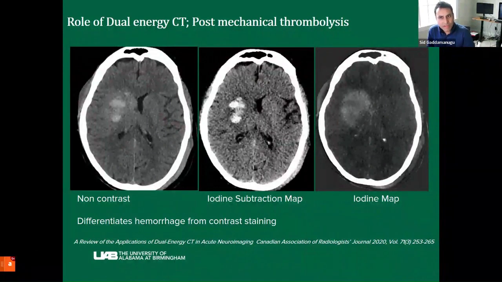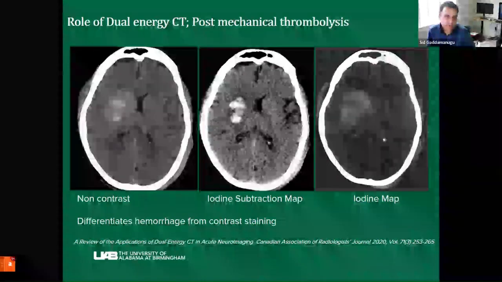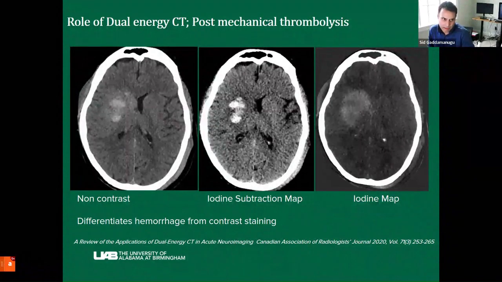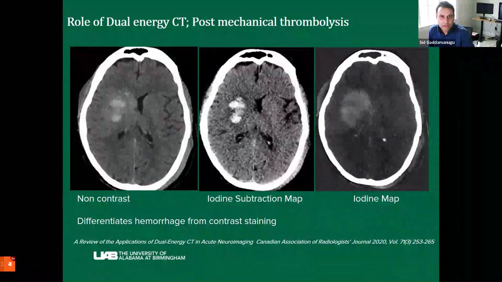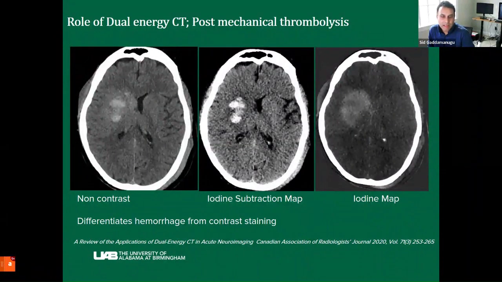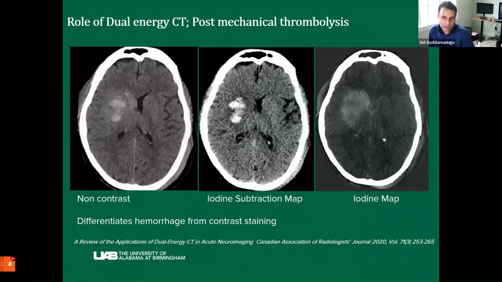So remember that both IV thrombolysis and endovascular treatment can cause subsequent hemorrhage in the brain, but the incidence is higher with mechanical thrombectomy. So mechanical thrombectomy has a higher likelihood of intracranial hemorrhage afterwards than IV thrombolysis.